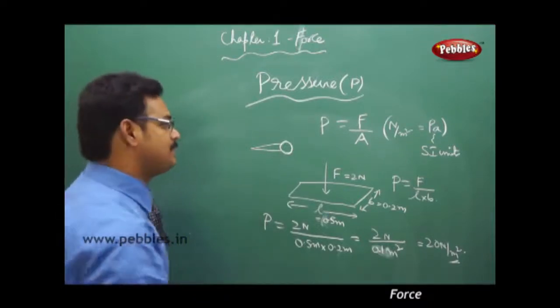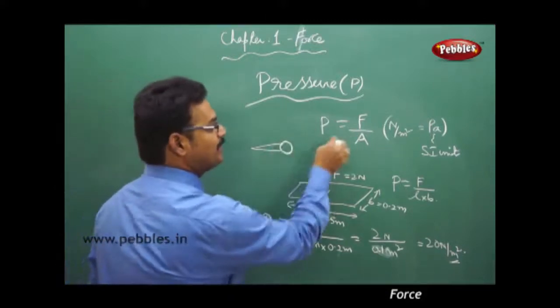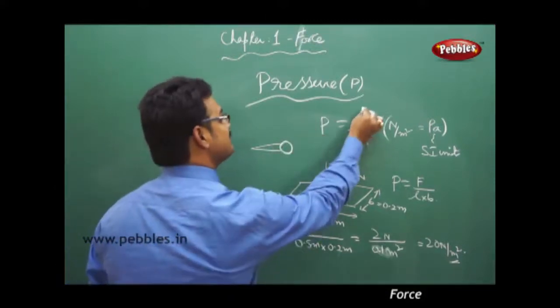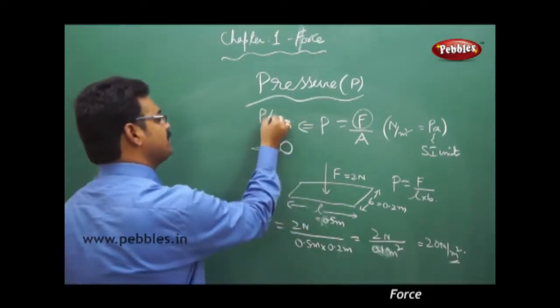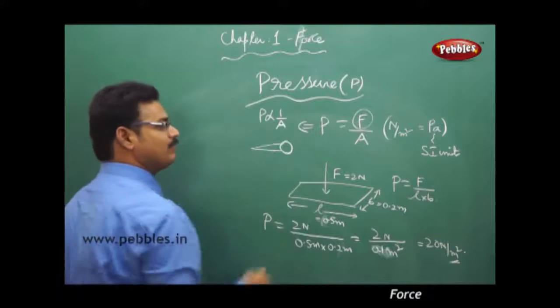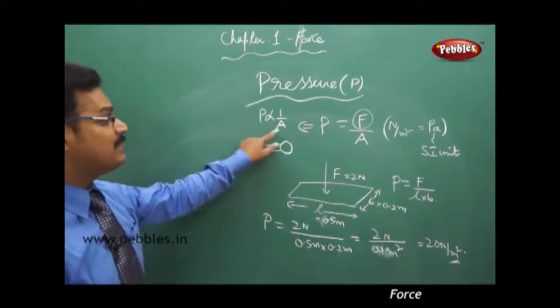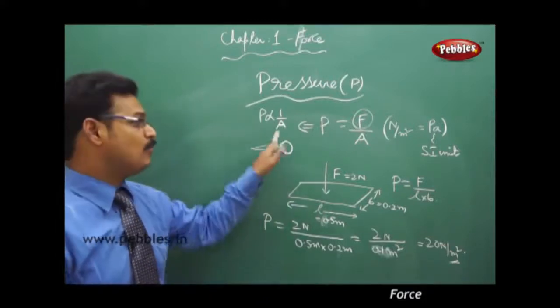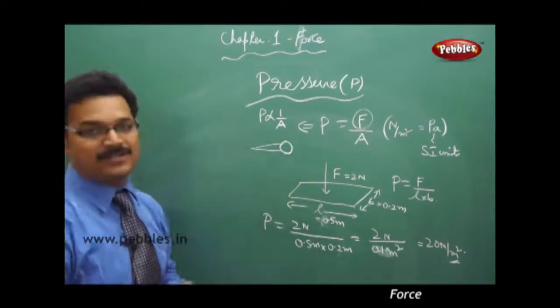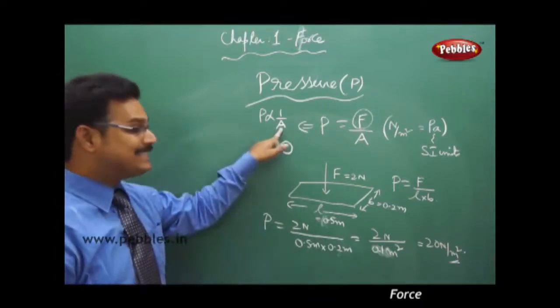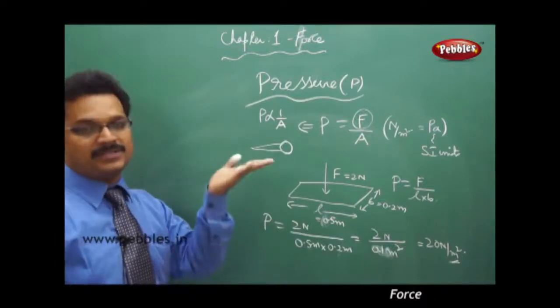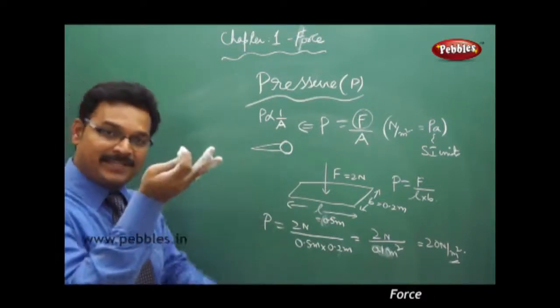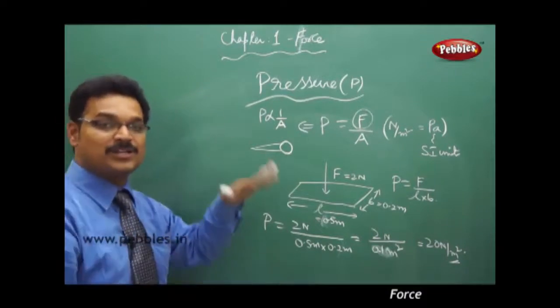If you see the formula P equals F by A, if force is constant, then pressure is proportional to 1 by A. Means pressure is inversely proportional to area. The more the area, the less the pressure, or the less the area, the more the pressure. When area decreases, pressure increases. When area increases, pressure decreases. That is called an inversely proportional relationship.